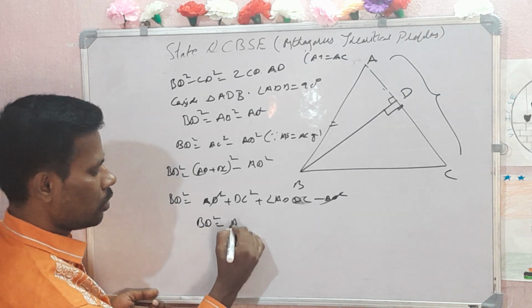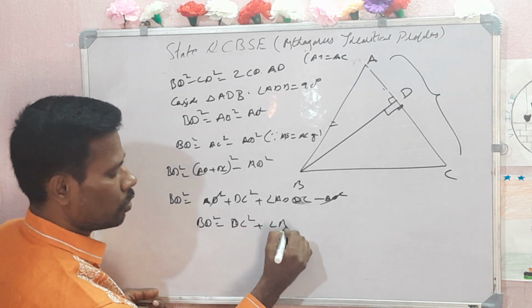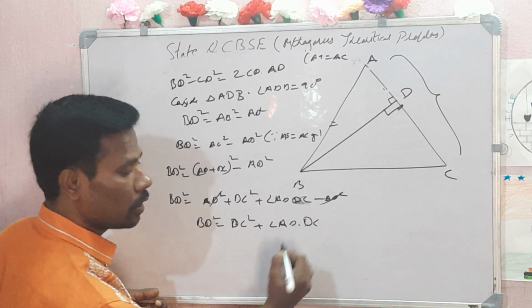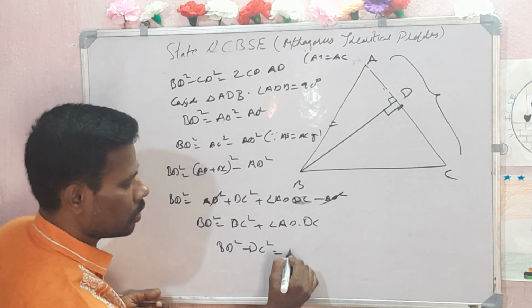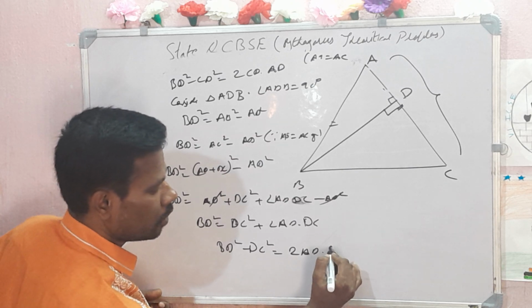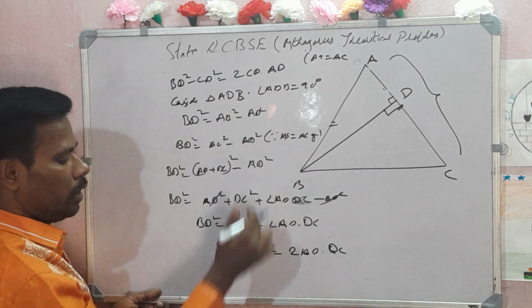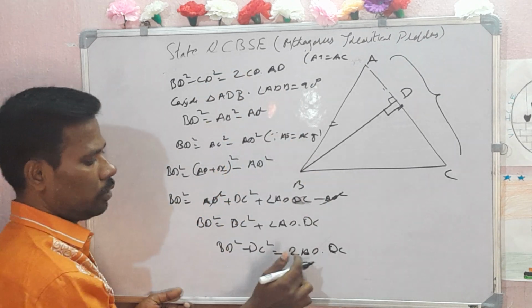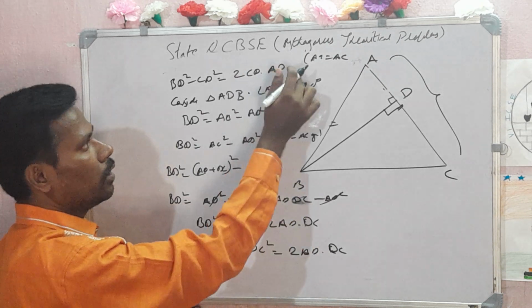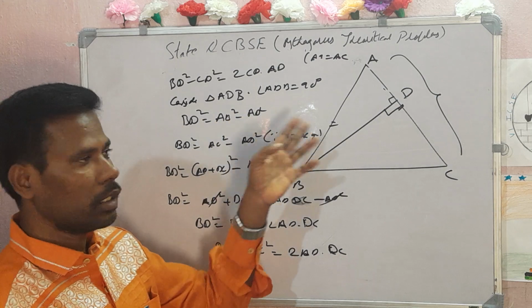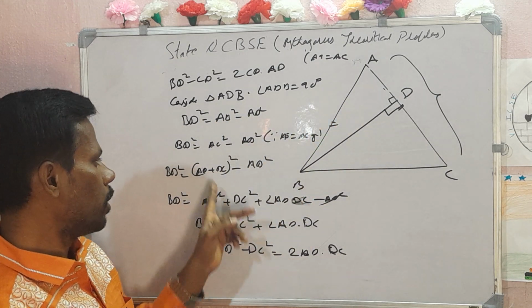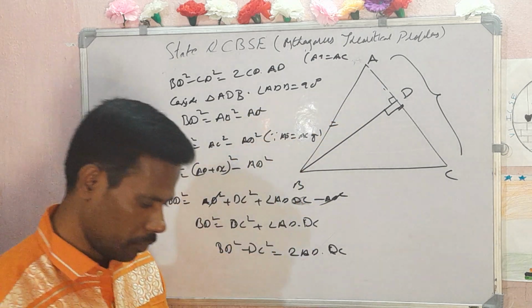So BD square is equal to DC square plus 2 times AD into DC. Now bring this here. BD square minus DC square is equal to 2 times AD into DC. So BD square minus CD square is equal to 2 times CD into AD. And that is the theorem. Very simple. Nothing is there in this problem. I have only applied A plus B whole square and Pythagoras theorem.